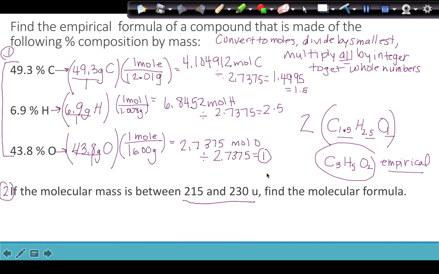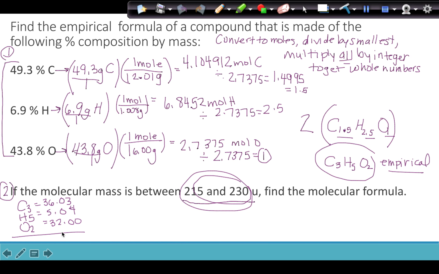If you want to convert the empirical formula into a molecular formula, we now have to take into account the overall mass. So C3, H5, O2, if I look up the mass of that, C3 is 36.03, H5 is 5.04, and then the O2 is 32.